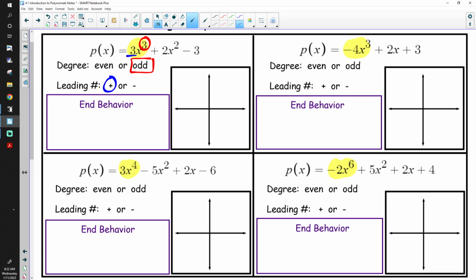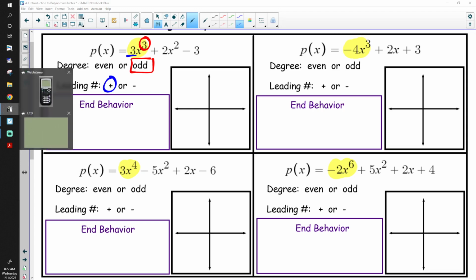Every polynomial with an odd degree and a positive leading coefficient has the same end behavior. The ends of the graph do the same thing. The middle changes.